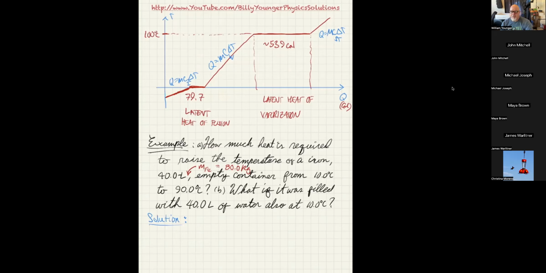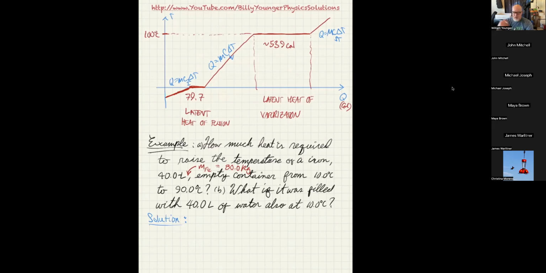Sometimes students get confused as to whether the latent heat should be positive or negative, and which direction you're going, if you're going from steam to liquid or liquid to steam, which one's positive, which one's negative, or sublimating, that sort of thing. That's another latent heat. There's a latent heat of sublimation that CO2 has. But anyways, in this case, we're just asked for the heat.